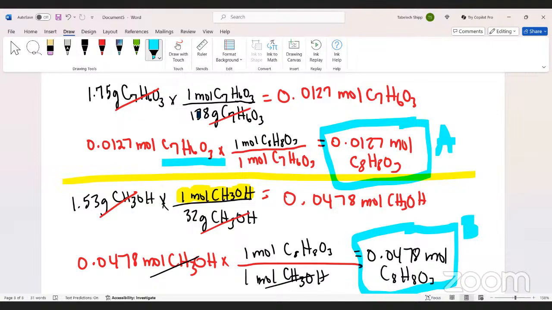Okay, now, where'd you get 152 from? See, because you didn't need 152 for this problem. You only needed the molar mass for C7H6O3, and you need the molar mass for CH3OH.